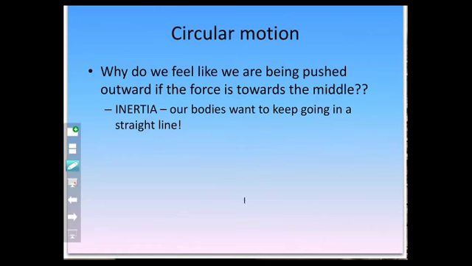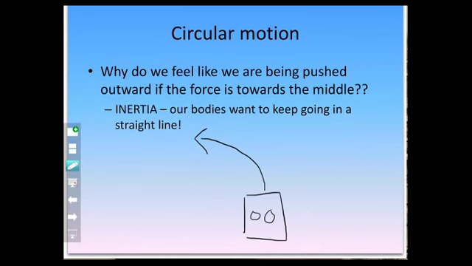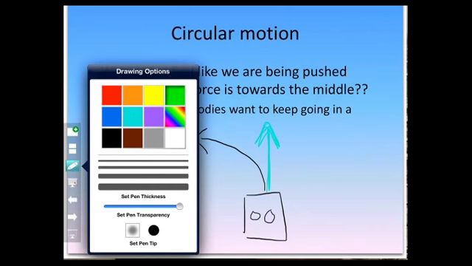As that car with you in it goes around the corner, your body wants to travel in a straight line. Your body's inertia wants to keep you going straight, but hopefully you're wearing your seatbelt, and hopefully the car door is closed.